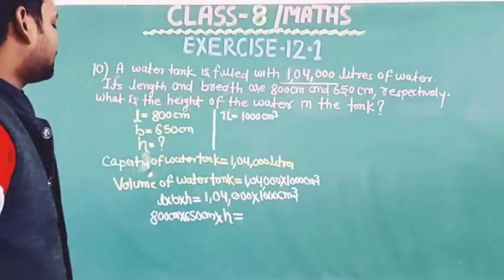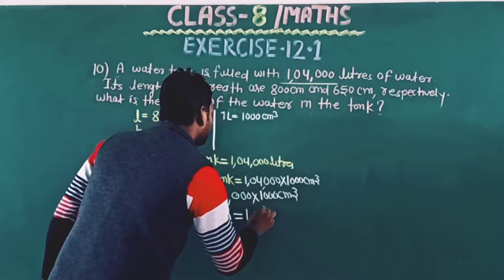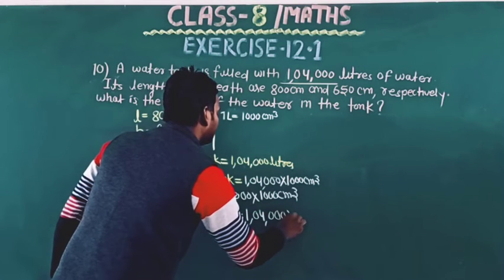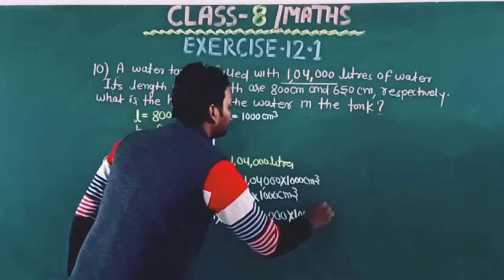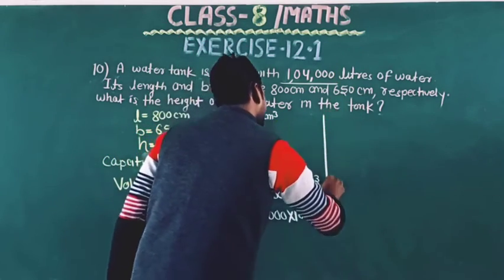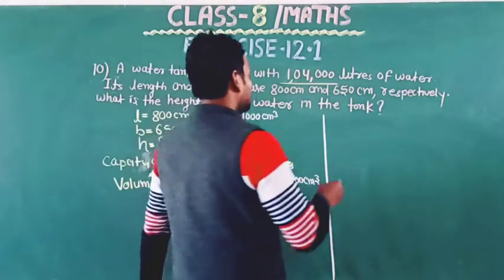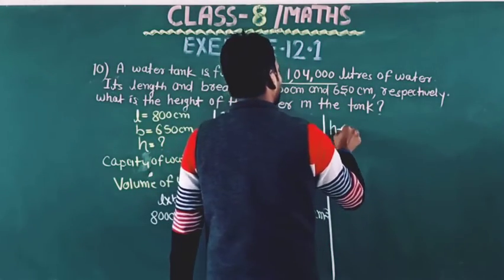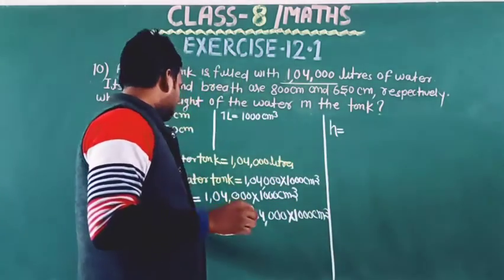Height of the water tank equal to 1,04,000 into 1,000 centimeter cube. Now find the value of height, so we need to divide this quantity by this.